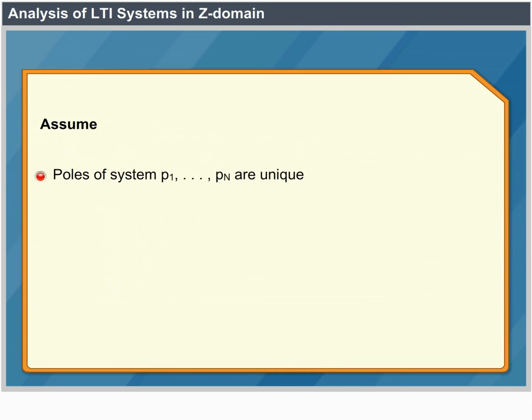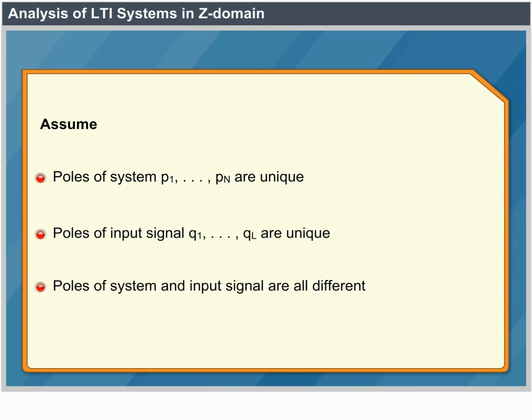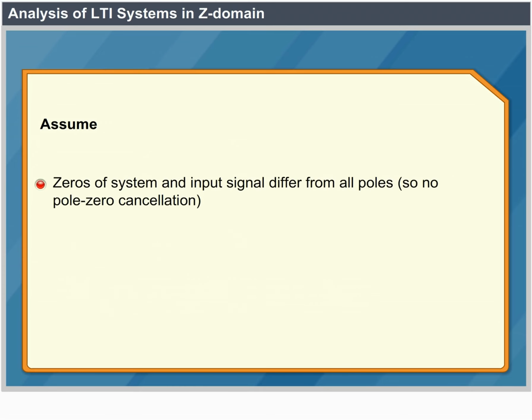Assume poles of the system p1 through pN are unique. Poles of the input signal q1 through qL are unique. Poles of the system and input signal are all different. Zeros of the system and input signal differ from all poles, so there is no pole-zero cancellation.